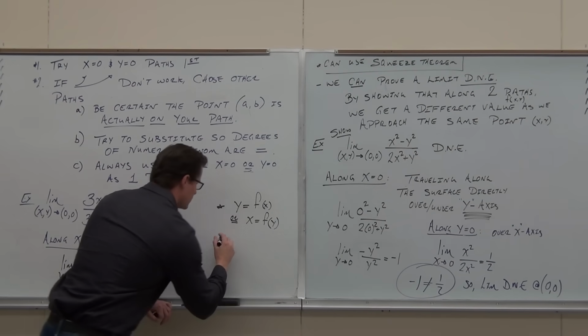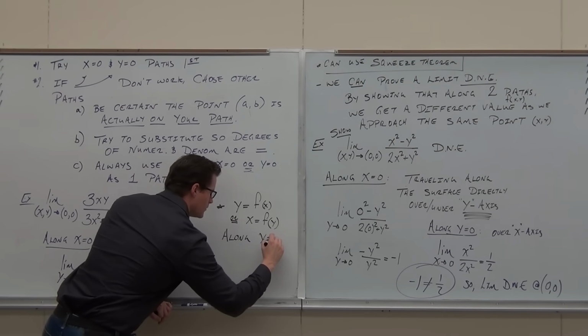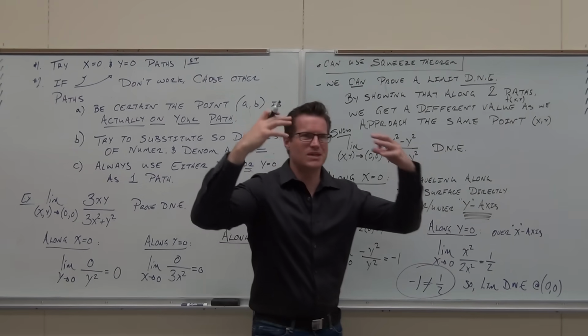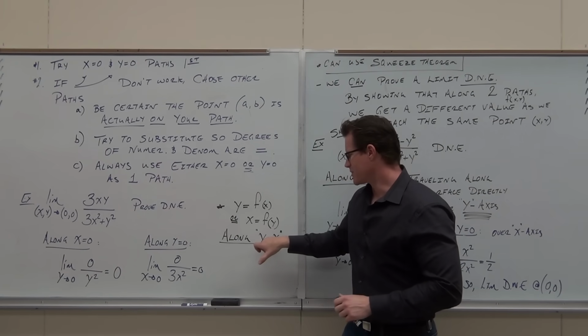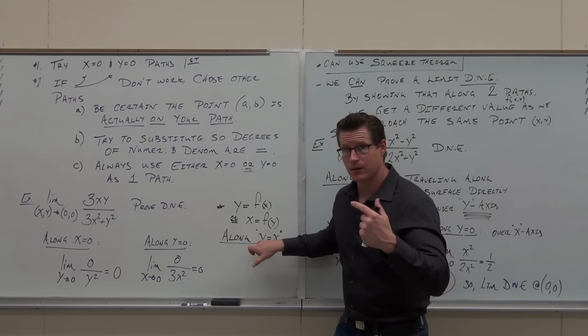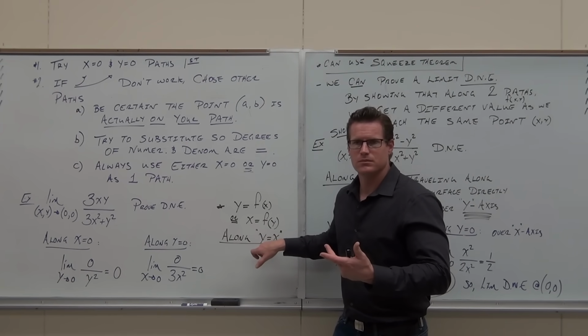Also, just so it sinks in, so you get it. I probably don't have to explain it anymore, but notice something. If you were to graph y equals x, is that a curve?